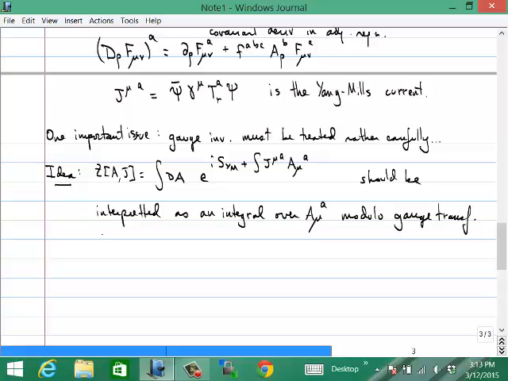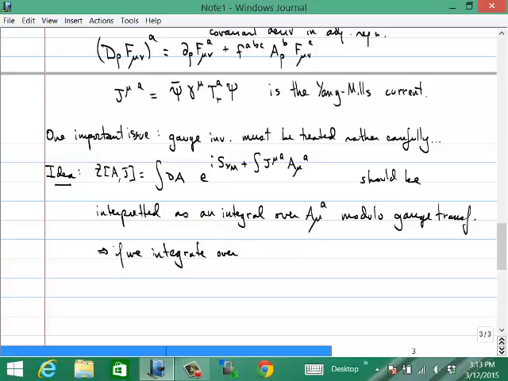In particular, if you integrate over the gauge parameter as well, that is to say you include in this path integral all gauge equivalent values of A_μ, you'll essentially be overcounting because you'll be integrating over too many degrees of freedom. Okay.